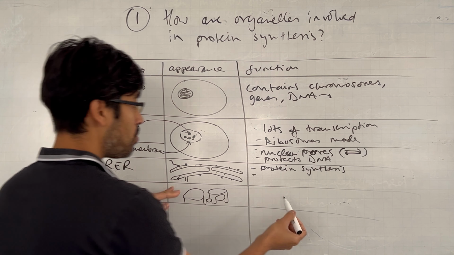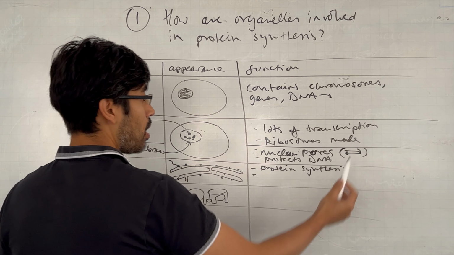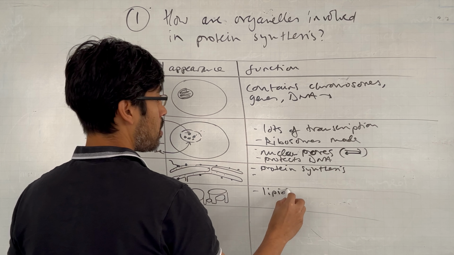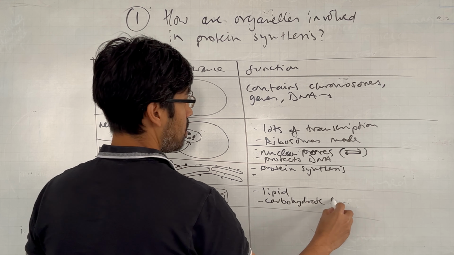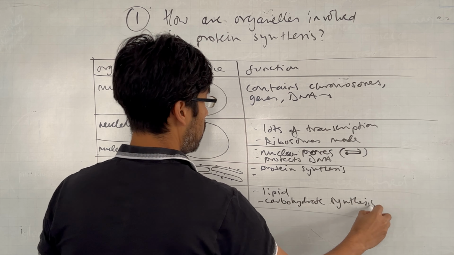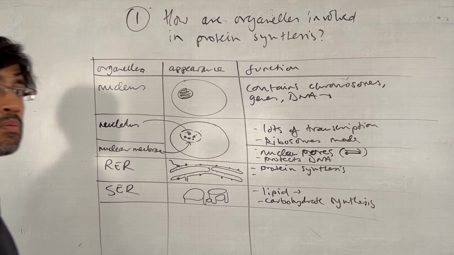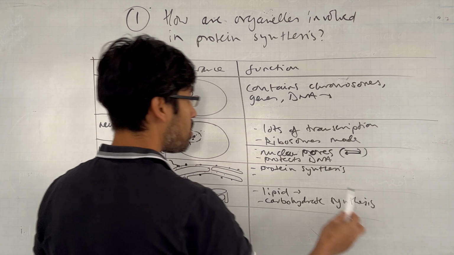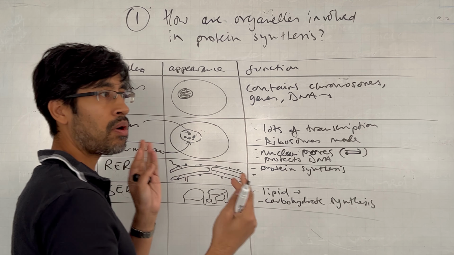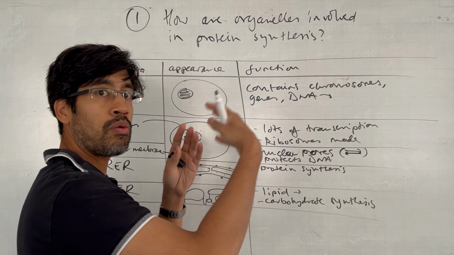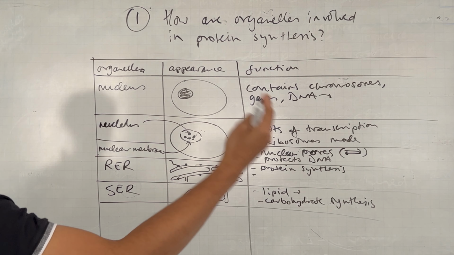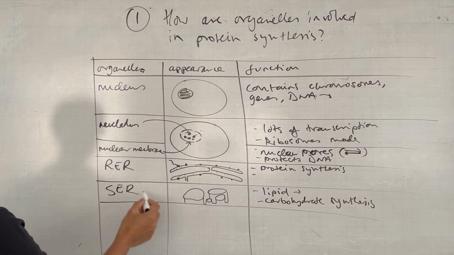And the role of the smooth endoplasmic reticulum is more to do with lipid and carbohydrate synthesis. Okay, so lipids, we're thinking about phospholipids that make up membranes. Carbohydrates, we're thinking about the carbohydrates that get attached to proteins that form the glycoproteins in membranes. Okay.